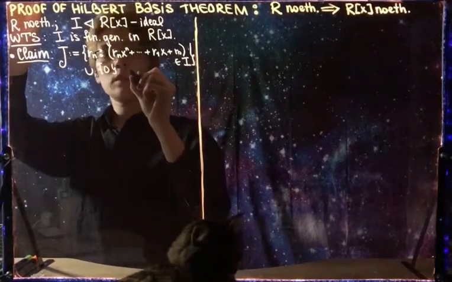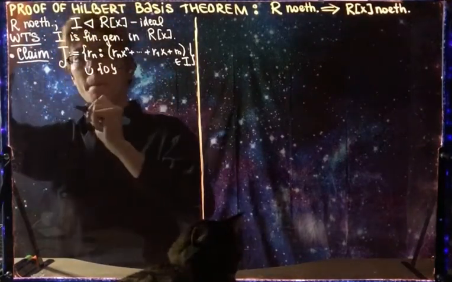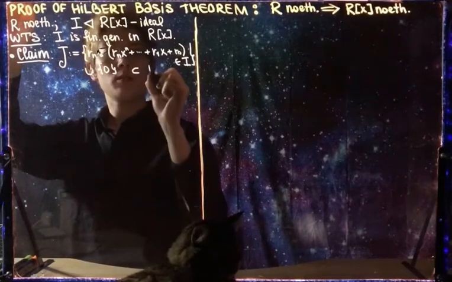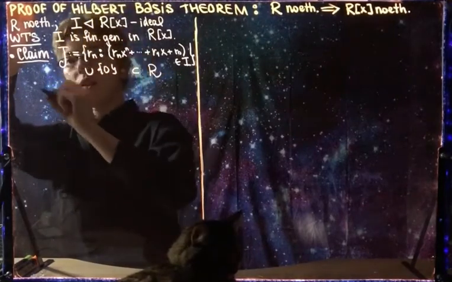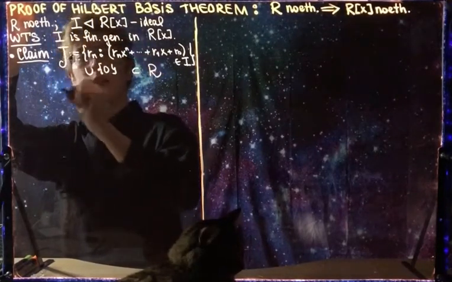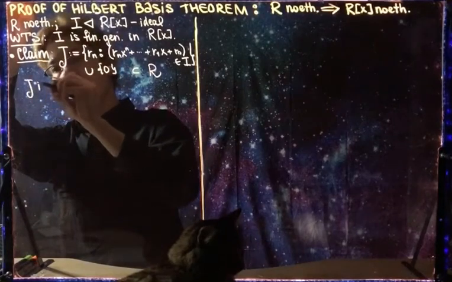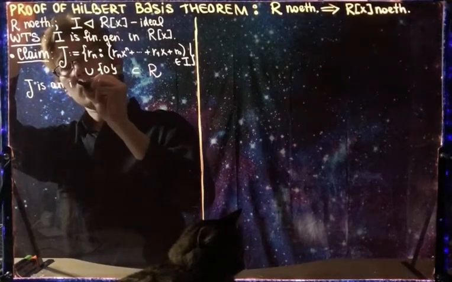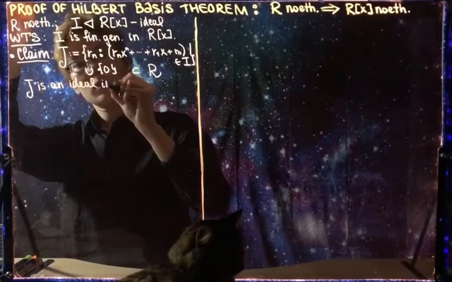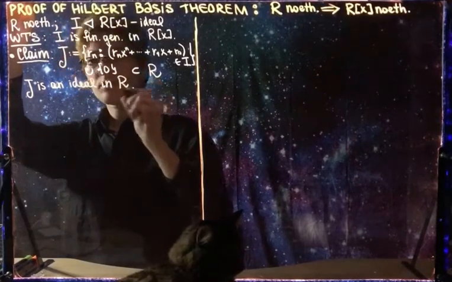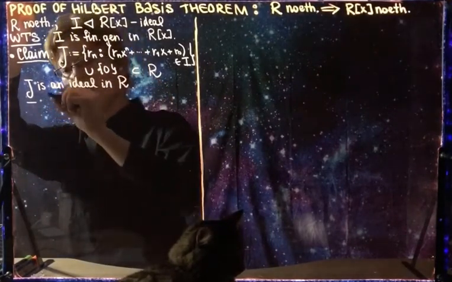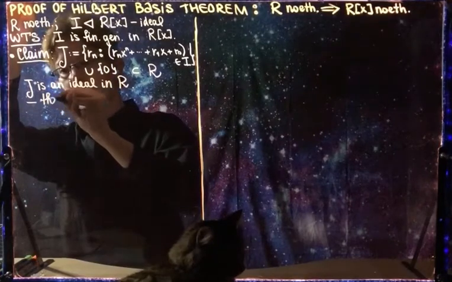So it is a subset of R, and the claim is that J is an ideal of R, and it is called the ideal of leading coefficients.